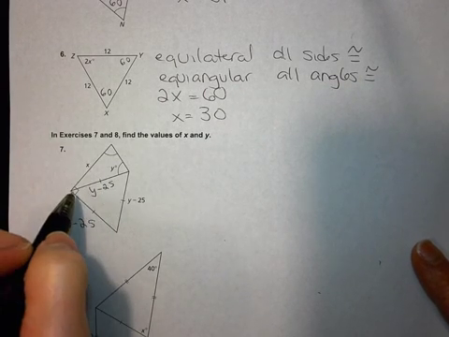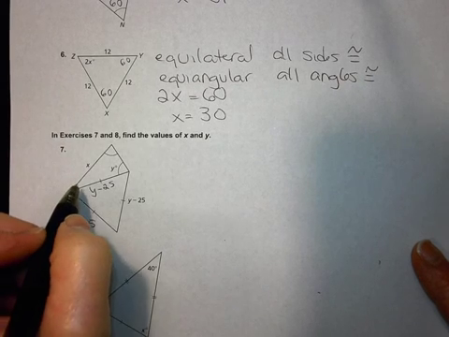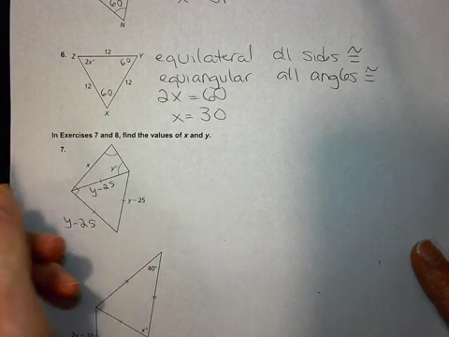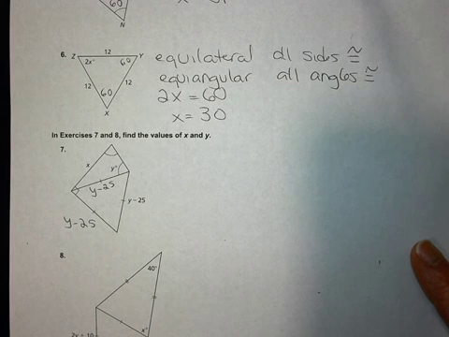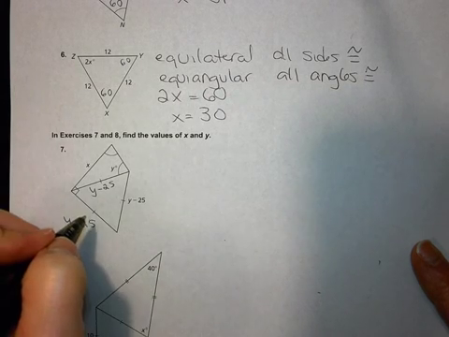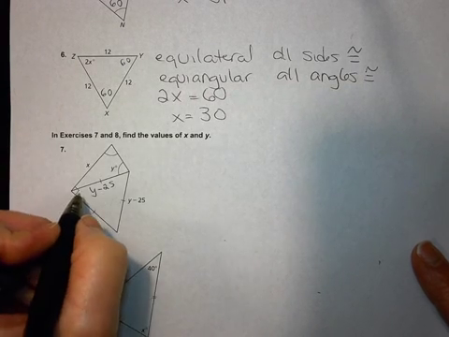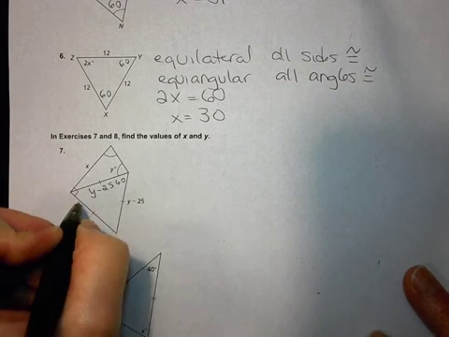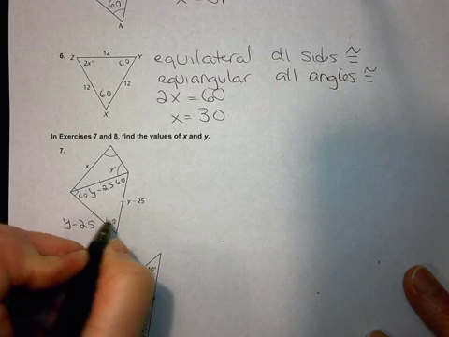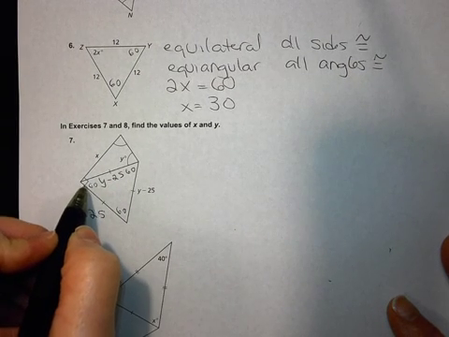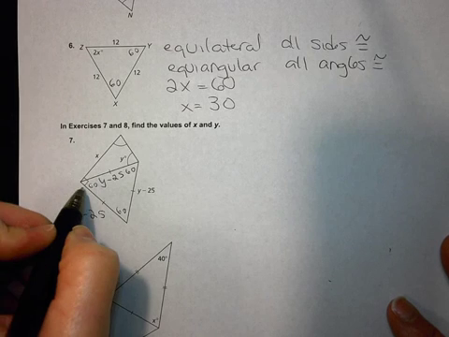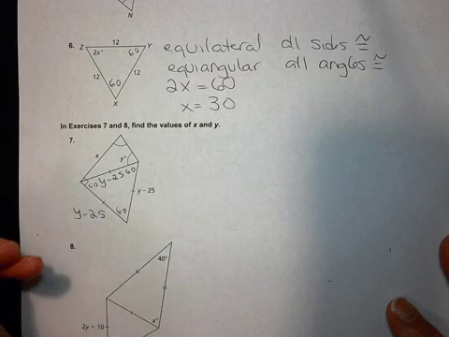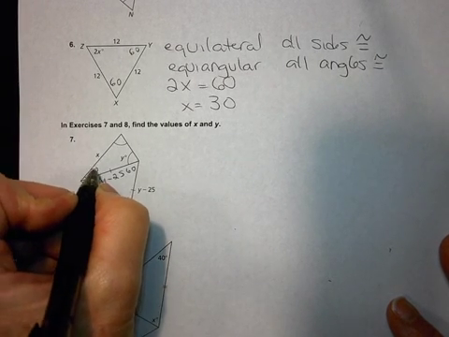So we need to find what the sides are and what the angles are based on this information. The first thing, remember, if this is an equilateral triangle, that means all of the angles are 60. So if this is a 60-degree angle on this part of it and it's a 90-degree angle in its entirety, that means I can make that a 30-degree angle.